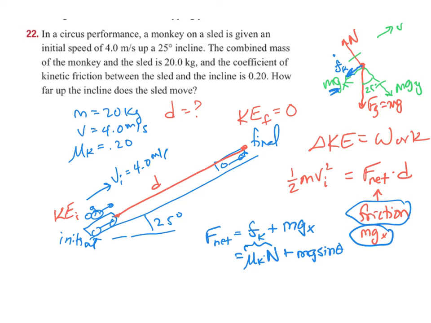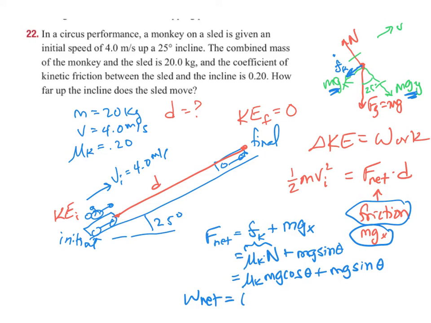So I have sine in there. And since the normal force is equal to the y component of gravity, that's mg cosine theta, taking you back to your unit 4 days when we were doing Newton's laws. So that's my net force, and that whole thing times d.